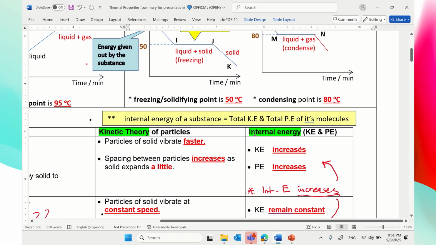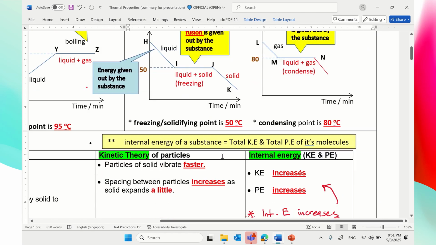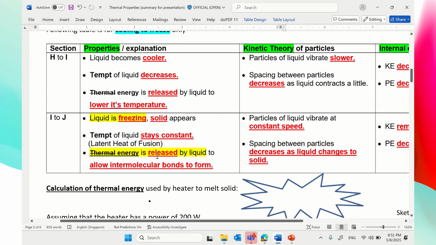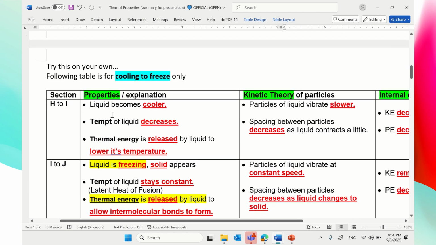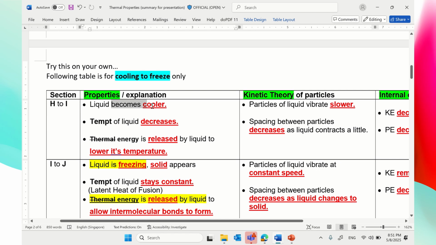Now I refer you to this cooling curve, H to I to J, and J to K, on the second page, 3 column again. Now this one you will go back and read it yourself. H to I, liquid is cooling down, temperature decreases. Now all this is opposite of heating, just now A to B. This point is very, very important.